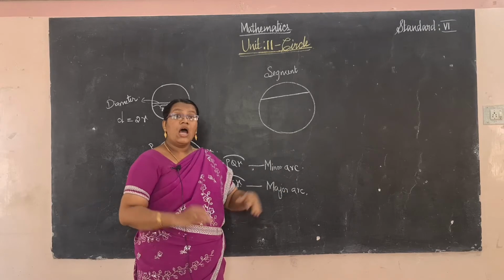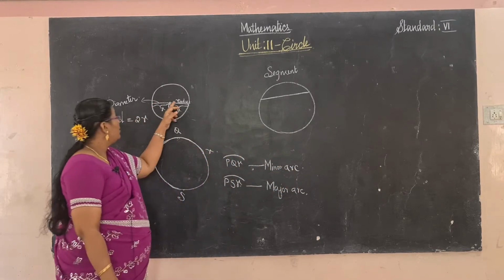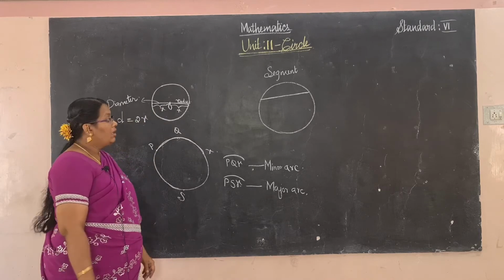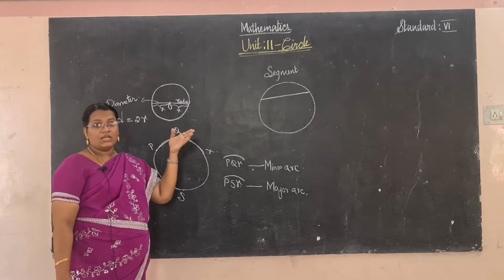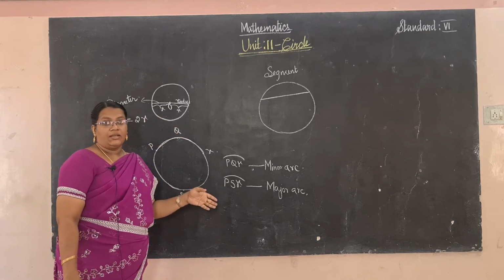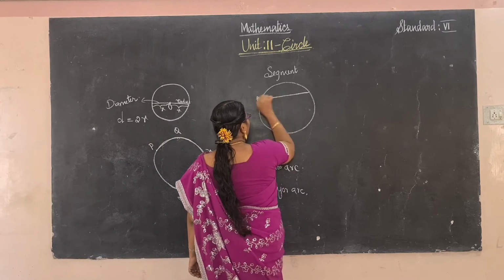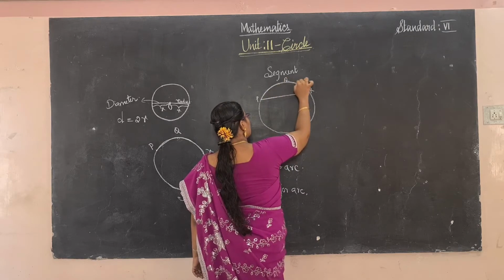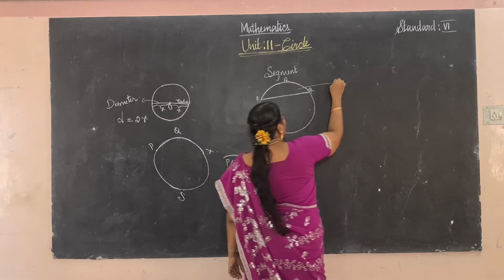The largest segment, the diameter, is called the largest segment. It should pass through the center, but other segments need not pass through the center. So the smallest part, PQR, is called the minor segment.